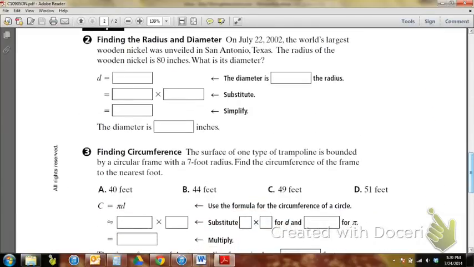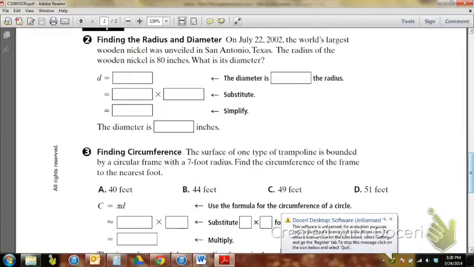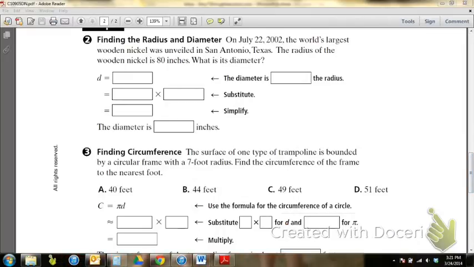Okay, now we're going to take a look at a word problem here. Finding the radius and the diameter. On July 22nd, 2002, the world's largest wooden nickel was unveiled in San Antonio, Texas. The radius of the wooden nickel is 80 inches. So I'm going to mark that. Radius, 80 inches.